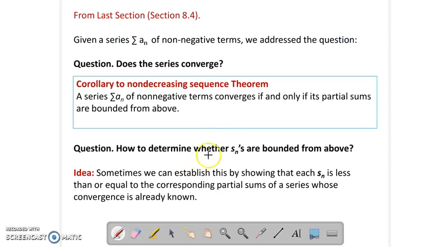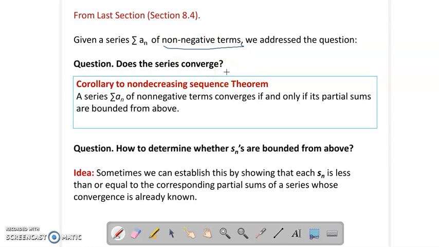Now you remember that in the last section, section 8.4, we introduced the integral test, and while introducing it we said that from now onwards we will be considering series of non-negative terms. Why did we do that?